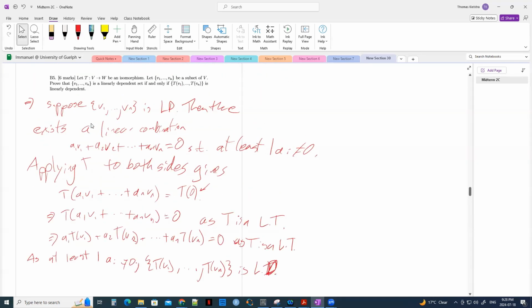Now to prove the reverse direction, I'm actually going to do it here. It's going to be very similar.